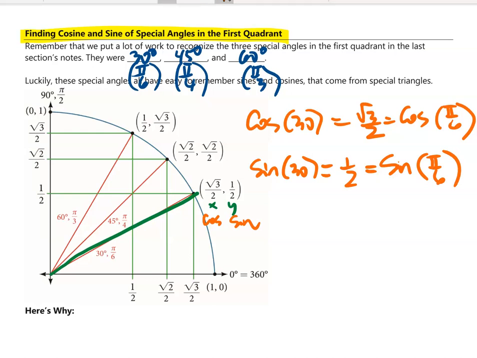Then 45 degrees, so this is cosine and sine. Cosine of 45 or cosine of pi over 4 is square root of 2 over 2. Same thing with sine of 45 degrees and pi over 4. Then 60 degrees is 1/2 and square root of 3 over 2.